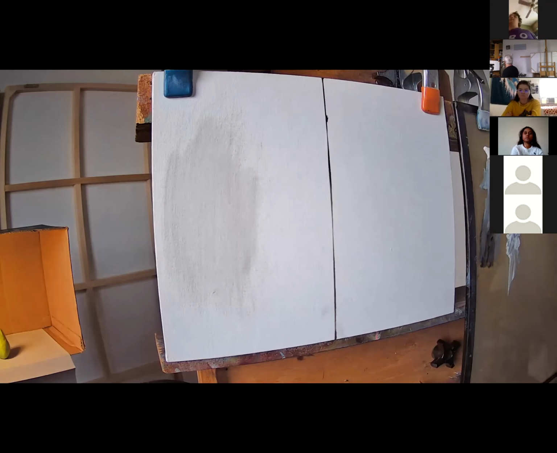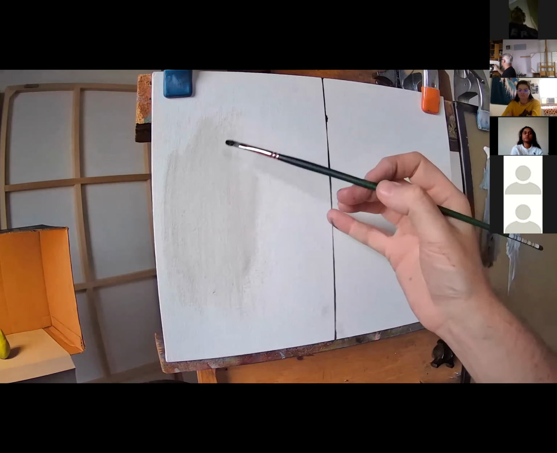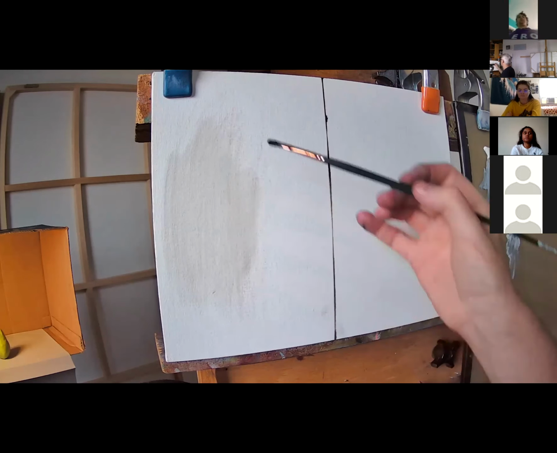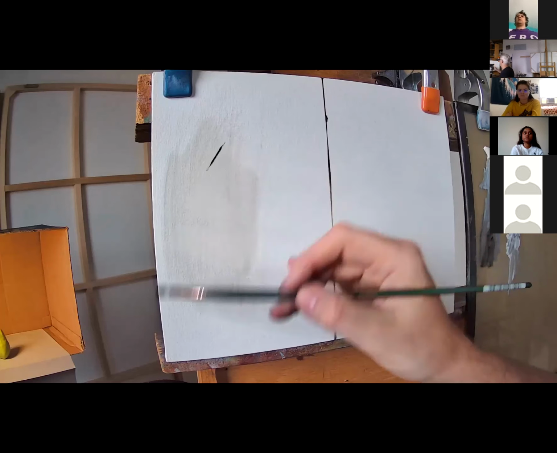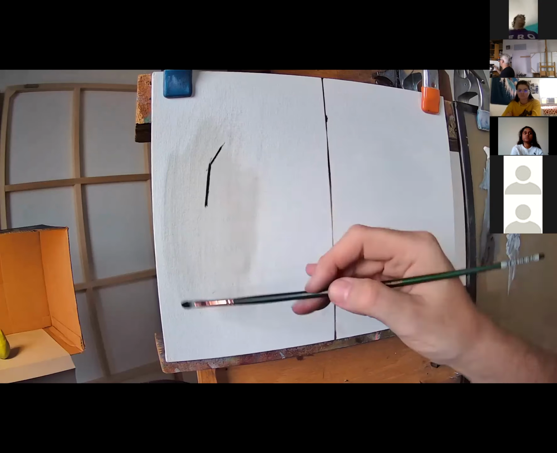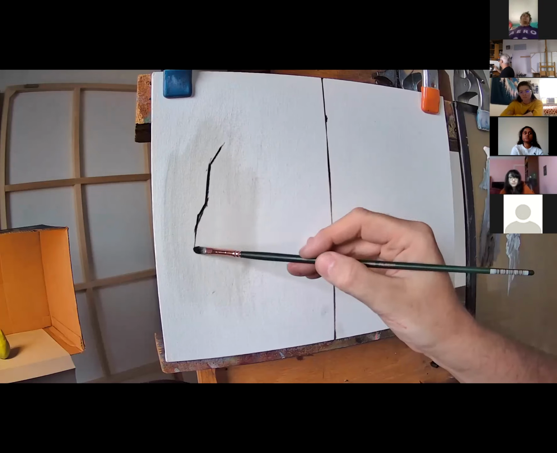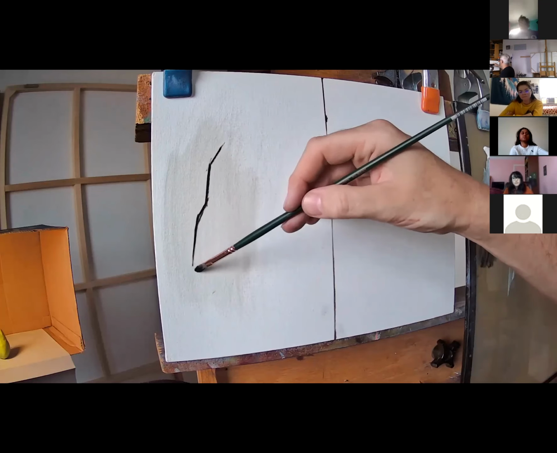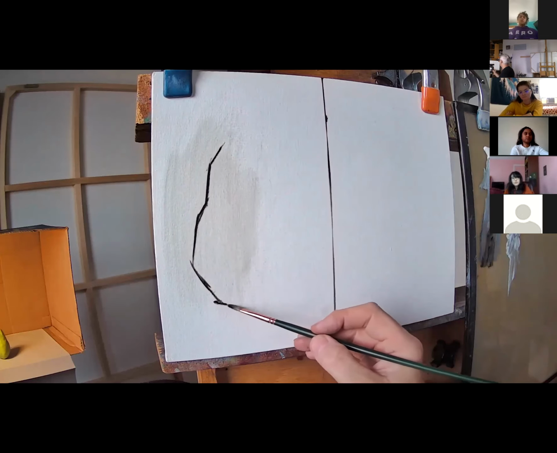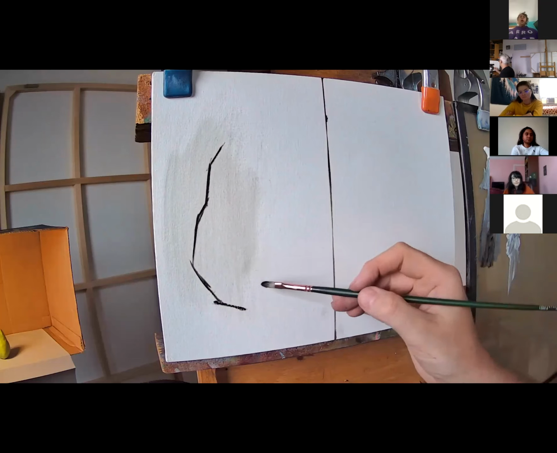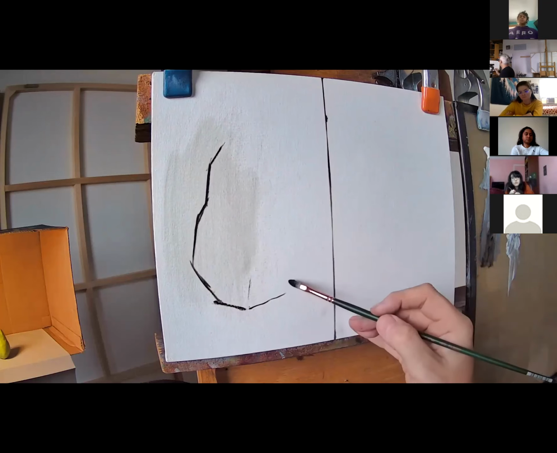So I'm going to first, on the left-hand side, do a drawing of that object where I carve out or find the planes. So I'm going to draw that object, paying careful attention to the way I can interpret that object as a planar structure, something similar to that dodecahedron.